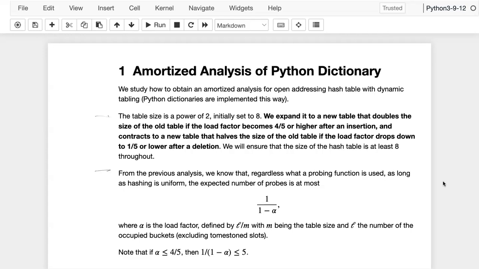From the previous analysis, we know that regardless of what probing function is used, as long as hashing is uniform, the expected number of probes is at most 1 over 1 minus alpha, where alpha is the load factor defined by L over M, where M is the current table size, and L is the number of the current occupied slots, excluding tombstone slots.